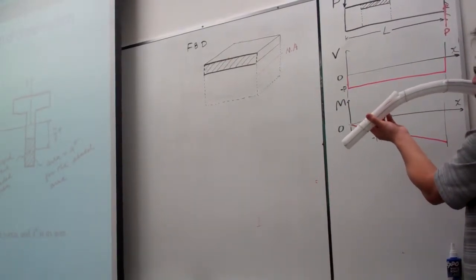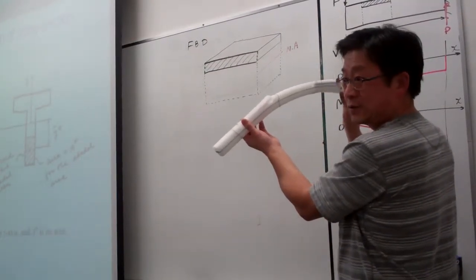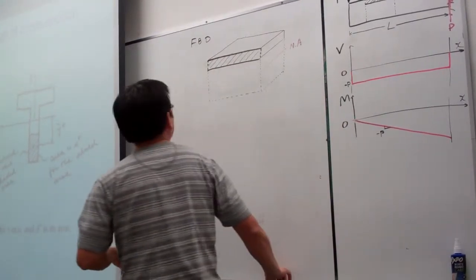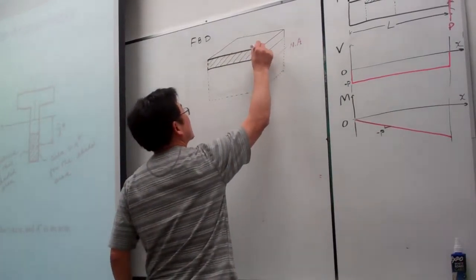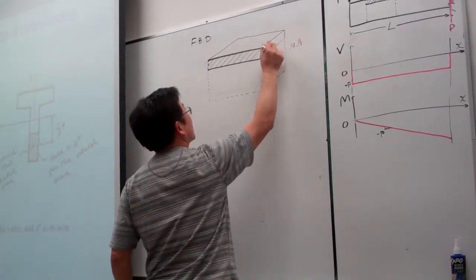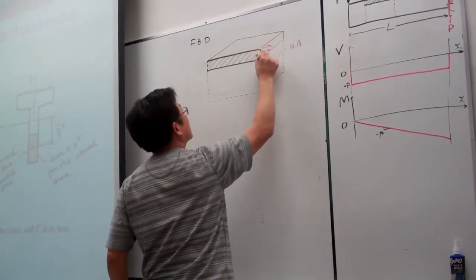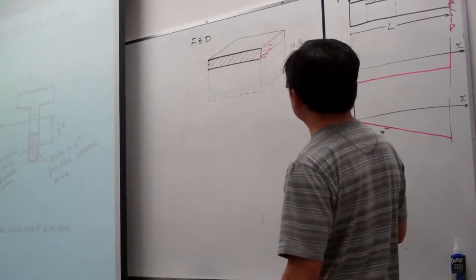So the upper portion above the neutral axis is under tension. So schematically, let me draw the tension. So this is the bending stress on this side, like this, okay?